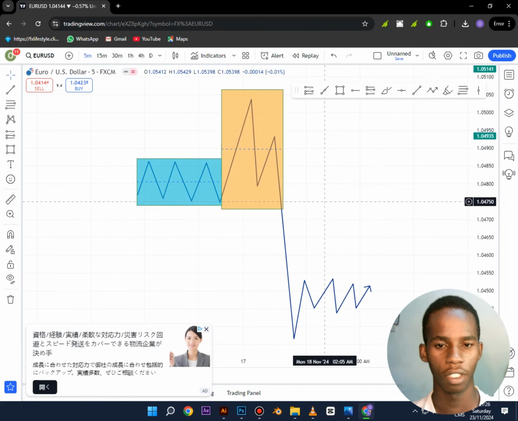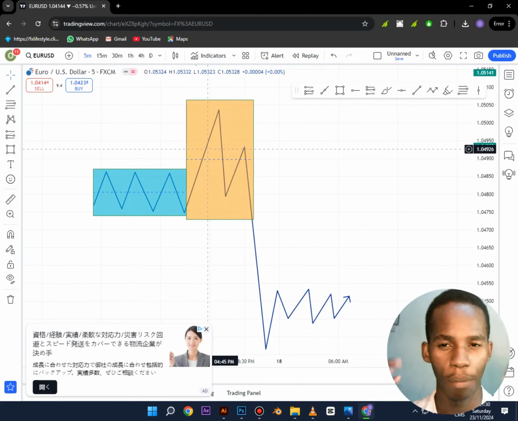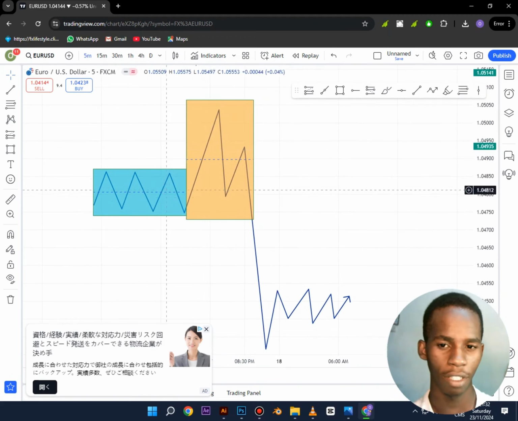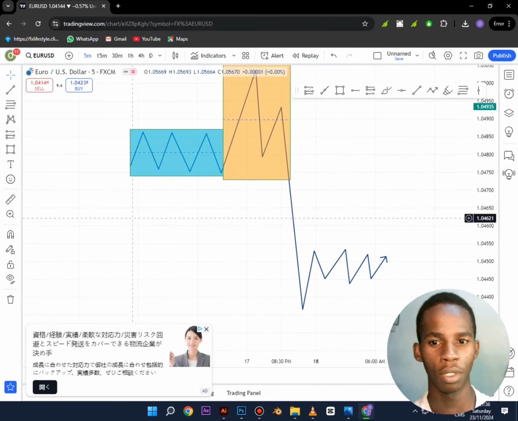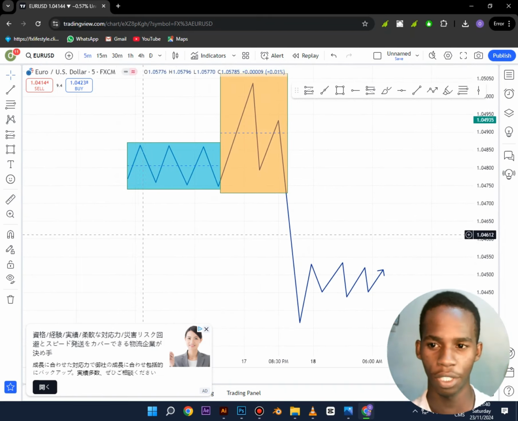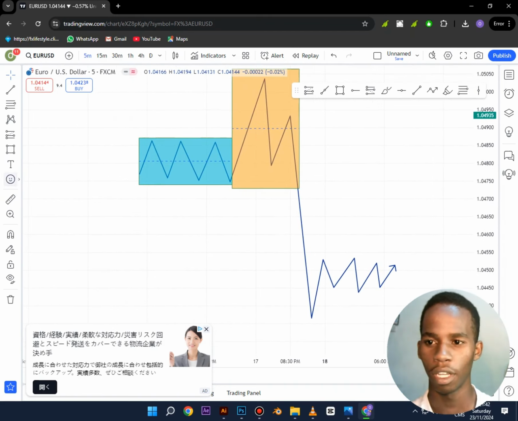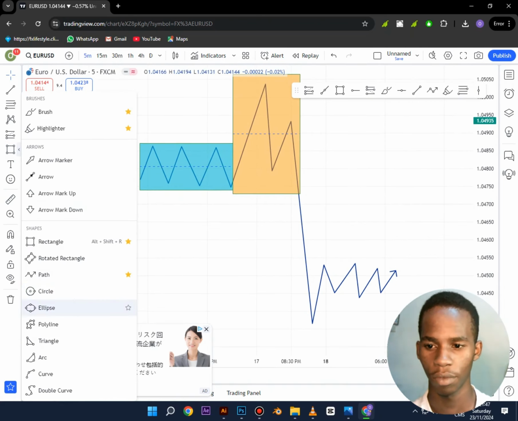So what happens actually in the manipulation? Basically when we leave the consolidation, most of the time retail traders will know that the price is going to continue pushing in that direction, which is not true. Let me show you what they would consider.